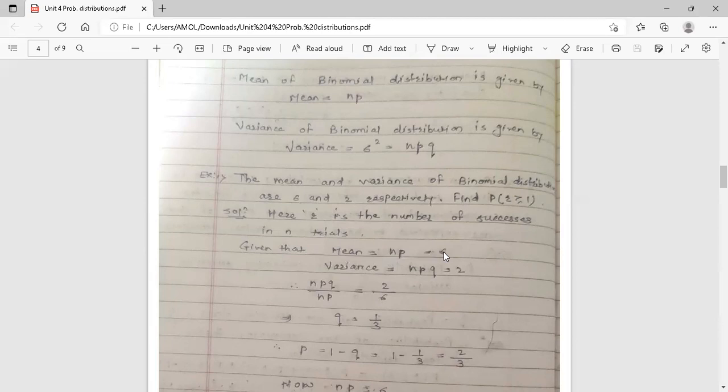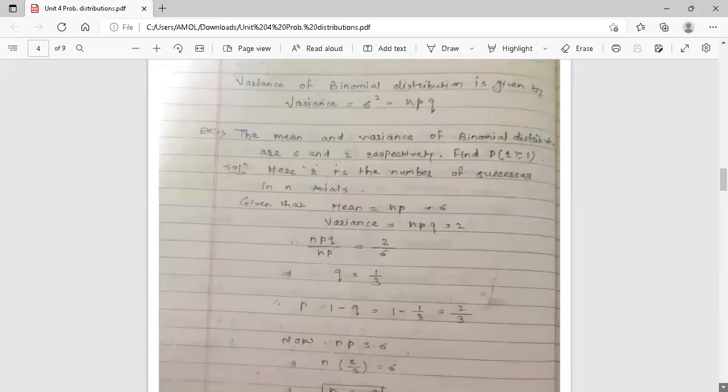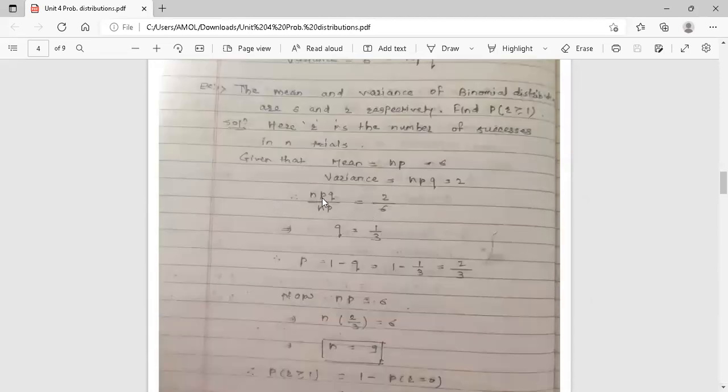Its value is 2. Variance, sigma square, is equal to n into p into q, equal to 2. Now you consider the ratio n into p into q upon n into p, variance upon mean, because our aim is to find the probability of r greater than or equal to 1.